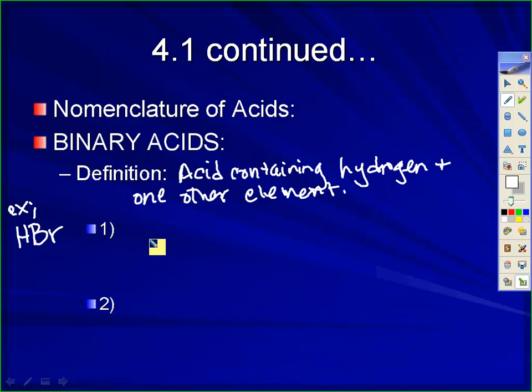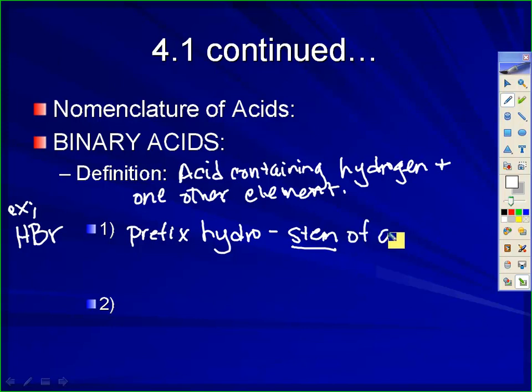The steps to name a binary acid are very simple. We're going to use the prefix hydro, plus the stem of the anion, then ic at the end. So the prefix hydro, stem of anion, ic.